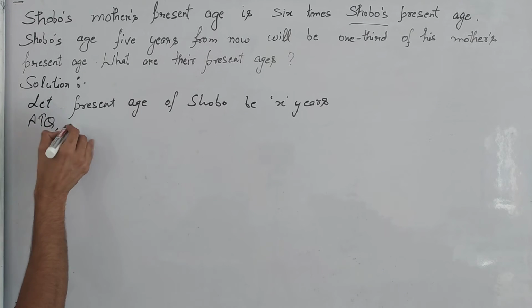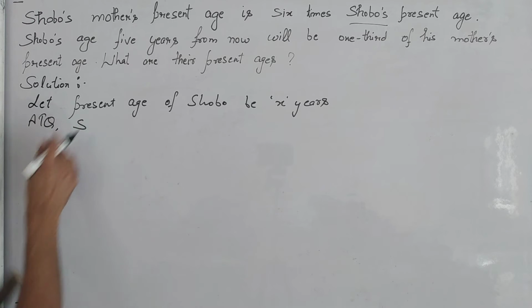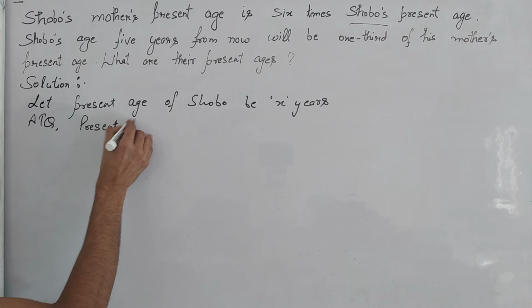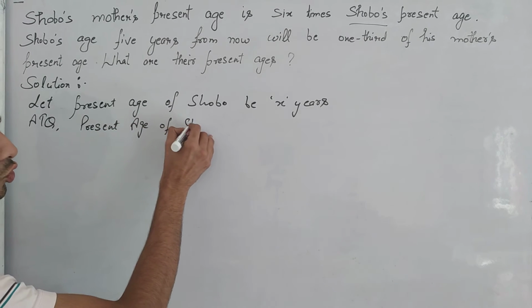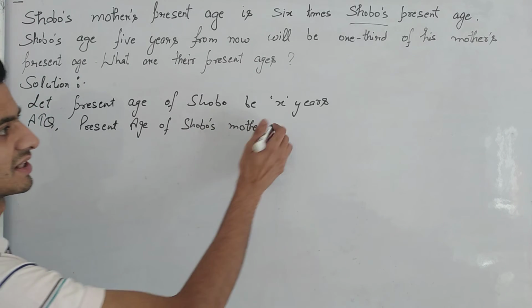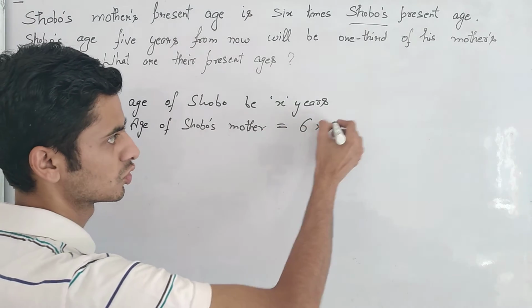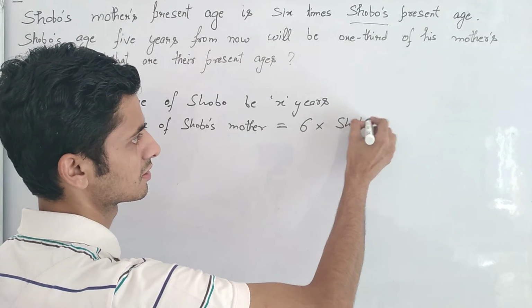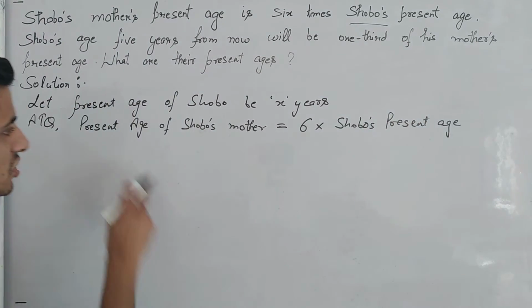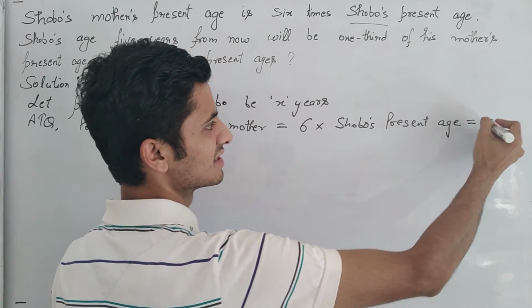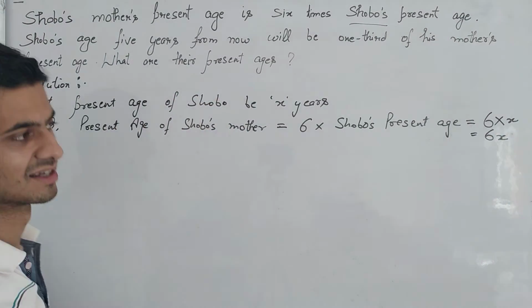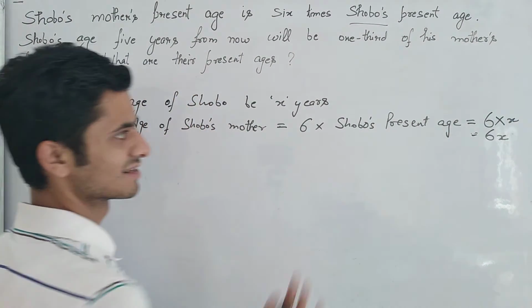According to the question, the present age of Shogo's mother is 6 times Shogo's present age. This is what they have given. So the present age of Shogo's mother will come out to be 6 into x, that is 6x. 6 into x can be written as 6x.